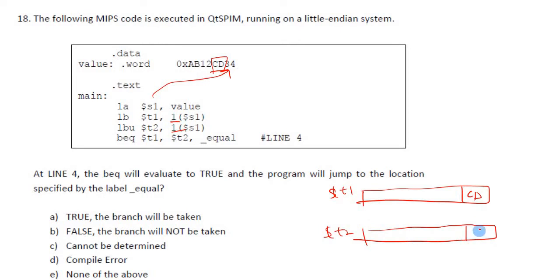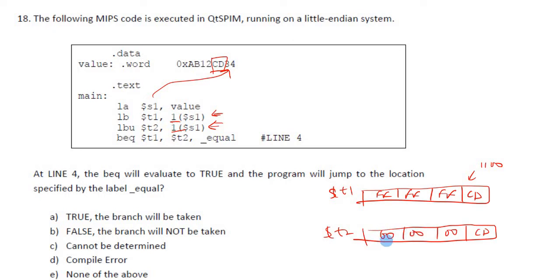But the difference is this instruction is a load byte, this is a load byte unsigned. In a load byte, after I load the byte, I must do a sign extension. And since C is 1100, I'll do a sign extension, so it will look like this. Whereas T2 is a load byte unsigned, which means it will look like this. You only have zeros in front.